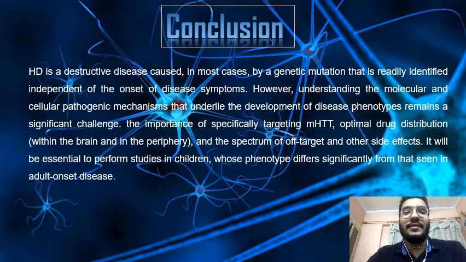Important considerations are the importance of specifically targeting mHTT, optimal drug distribution within the brain and in the periphery, and the spectrum of target and other side effects. It will be essential to perform studies in children, whose phenotype differs significantly from that seen in adult onset disease.